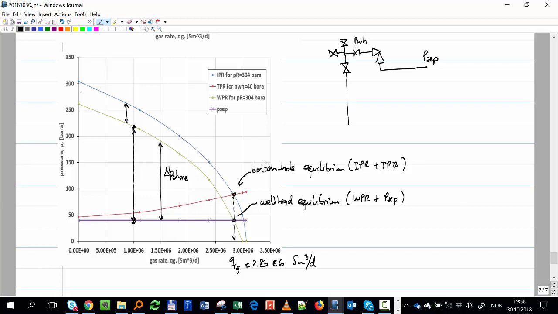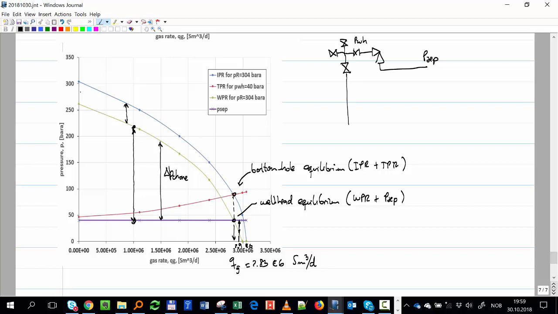Now, one more complication. If I want to produce a rate which is to the right of the intersection, what can I do? Let's say that I want to produce a rate of 2.9 e to the 6, without changing diameter.